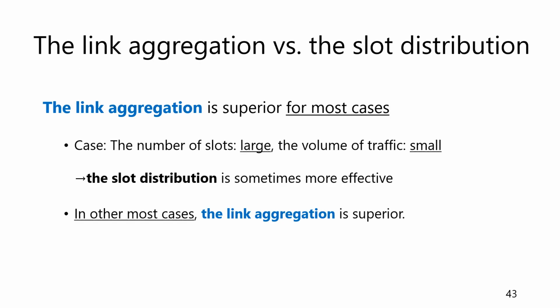These results suggest that the link aggregation is superior for most cases. When the number of slots is large and the volume of traffic is small, the slot distribution is sometimes more effective. However, the link aggregation is superior for other most cases.